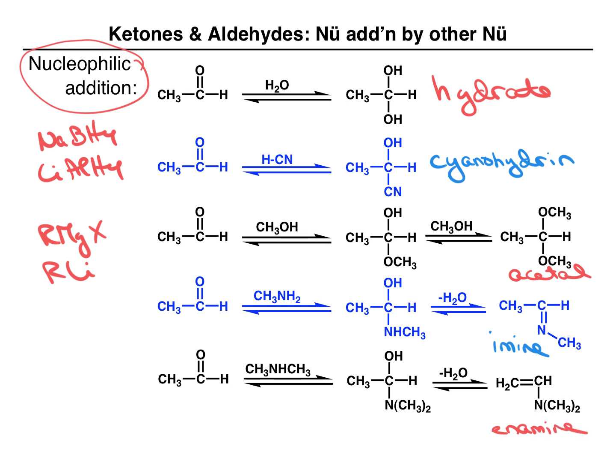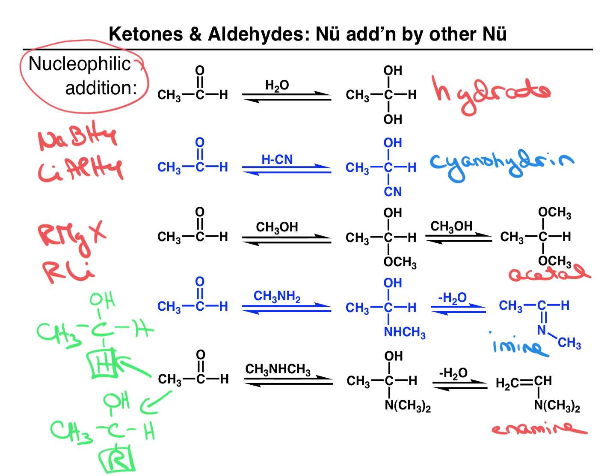Now for comparison, if we were to react this with sodium borohydride or lithium aluminum hydride, we would get this, where let's say this came from the hydride reagent. And if we reacted it with a Grignard, we would get this, where the R is what came from the Grignard or the organolithium.